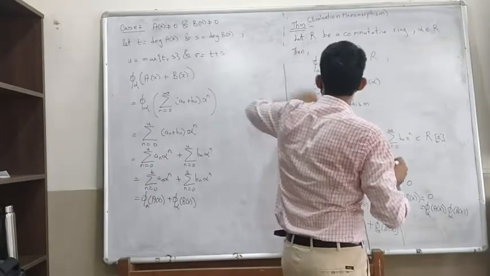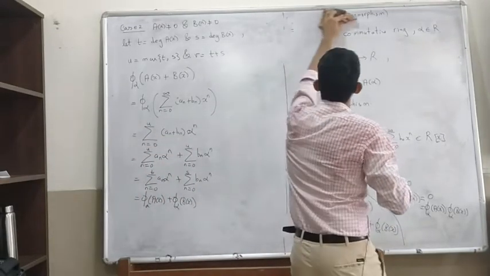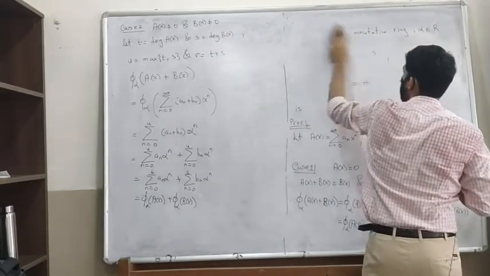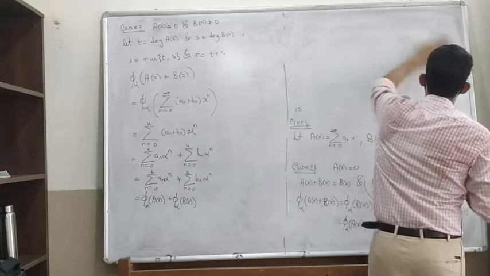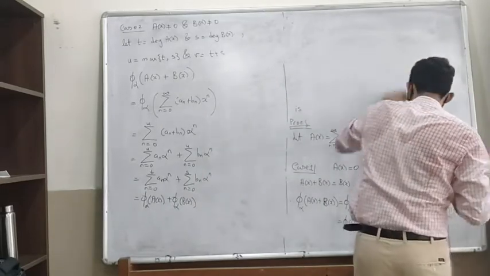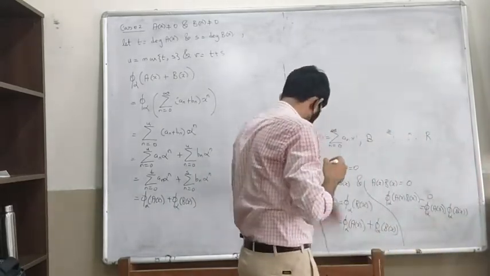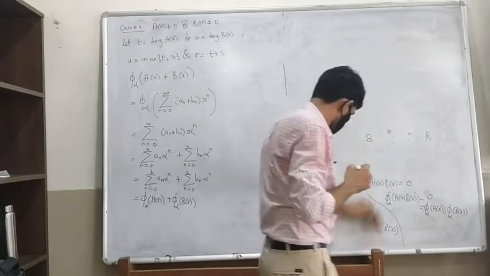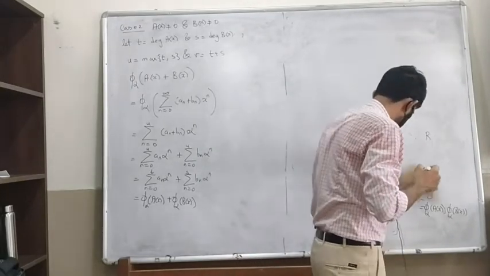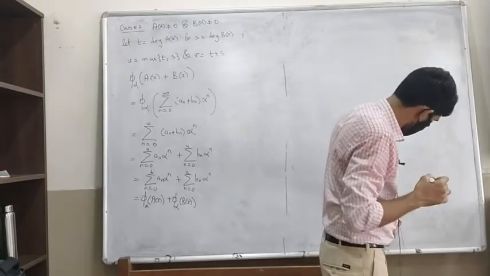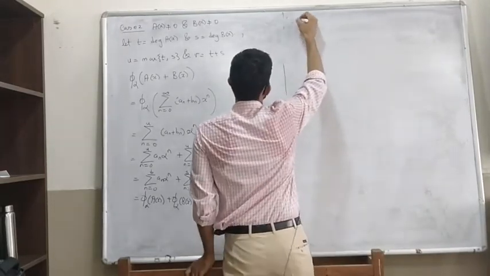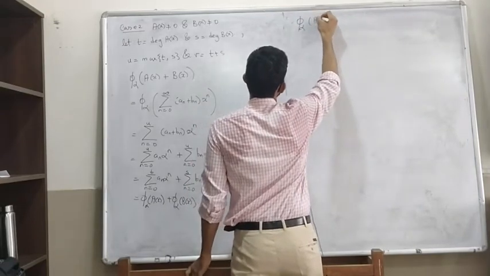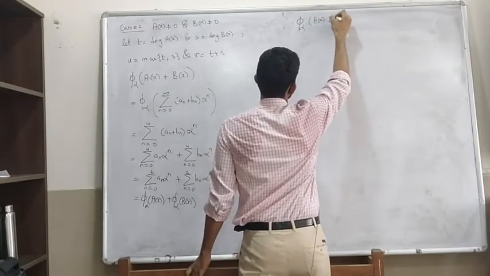Now we need to look at what happens in the product. So for the product, there is no problem, in fact. I mean no problem of the 0, because that degree is not difficult to see. Okay. So what is phi alpha of a of x times b of x?